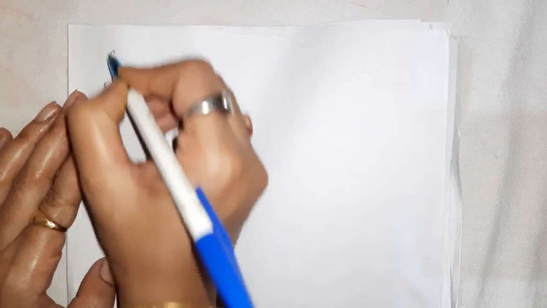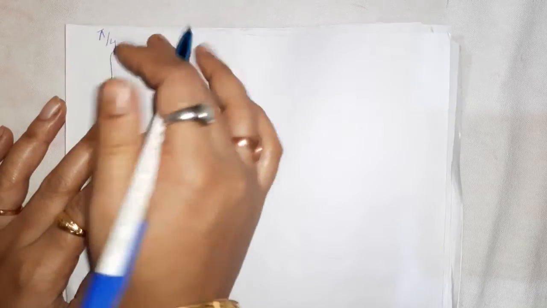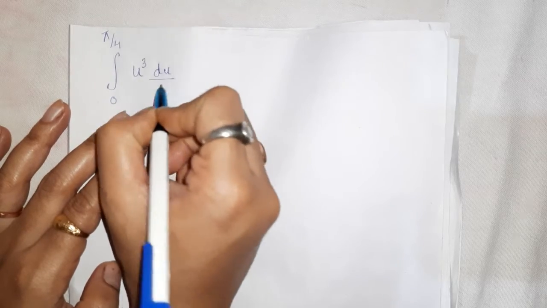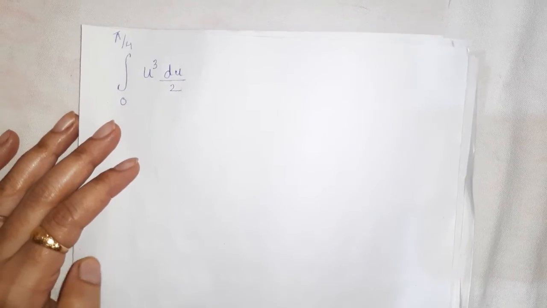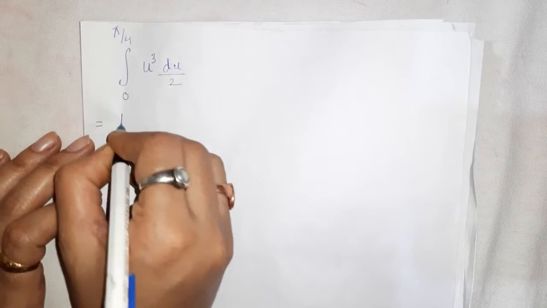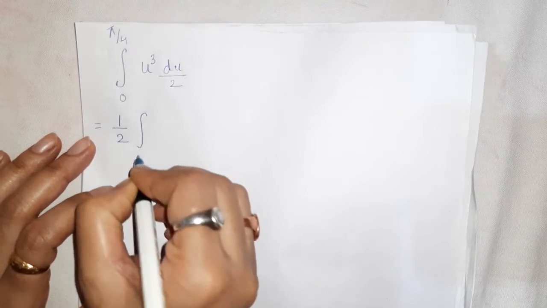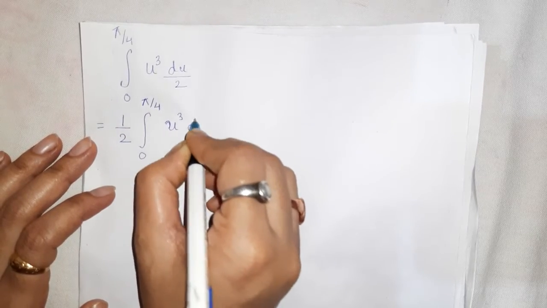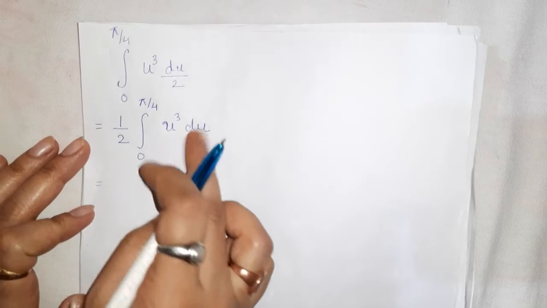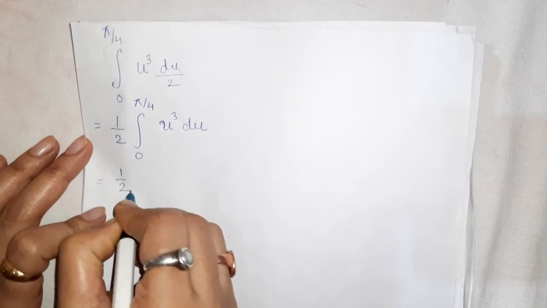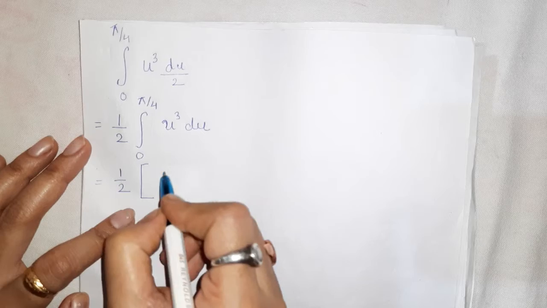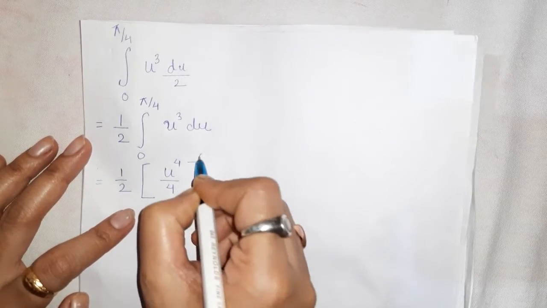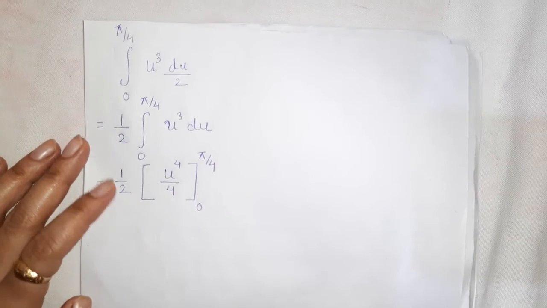Then our integrand becomes integration from 0 to pi by 4 of u cube du by 2. Okay, now 1 by 2 taken outside, 0 to pi by 4 of u cube du. Now it becomes a simple integration. So you write u cube means u4 by 4, 0 to pi by 4.